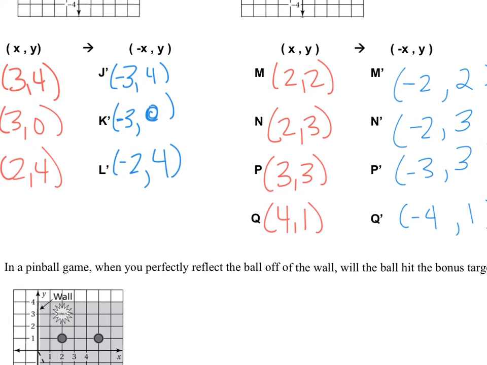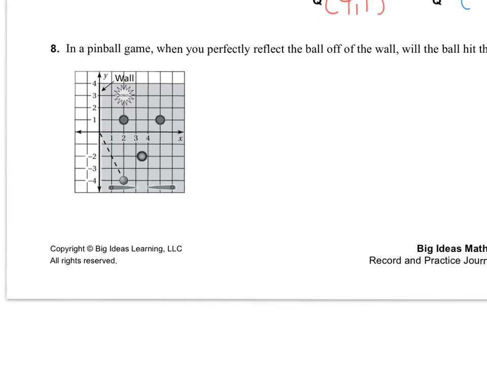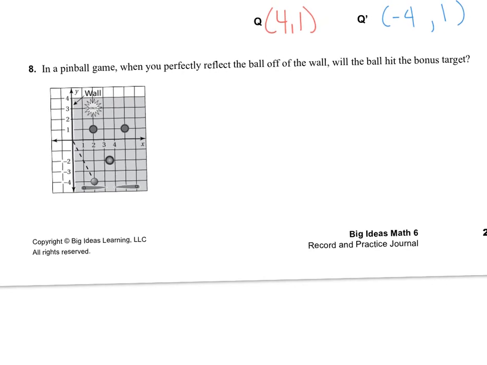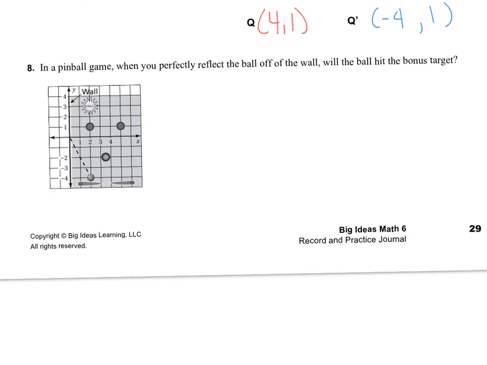All right, let's continue. In a pinball game, when you perfectly reflect the ball off the wall, will the ball hit the bonus target? So, what we have to do is, this is the ball right here. When you perfectly hit it off the wall, is it going to hit the target? And I believe the target is the bonus. So let's just make sure that's clear. So that is the target.